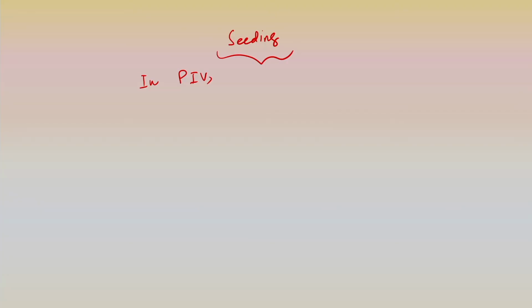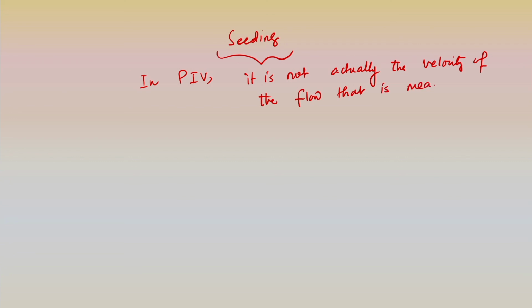So what I said, in PIV analysis it is not actually the velocity of the flow that is measured, but the velocity of the particles suspended in the flow that is measured.